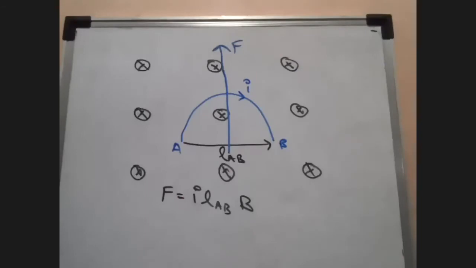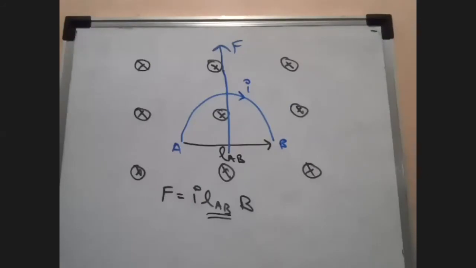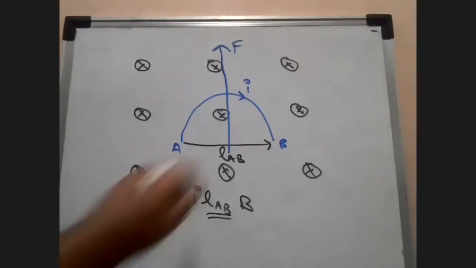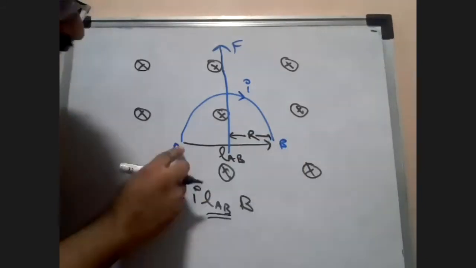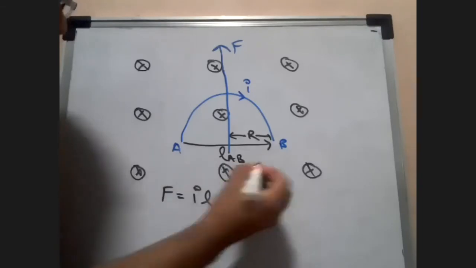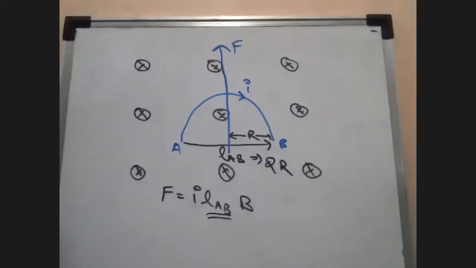But students, listen to me. This is a semicircle. So can we write the length in terms of radius? Can we do that? In that case, if this is a semicircle having a radius R, then what is the entire diameter? LAB will be equal to what? 2R. Yeah.